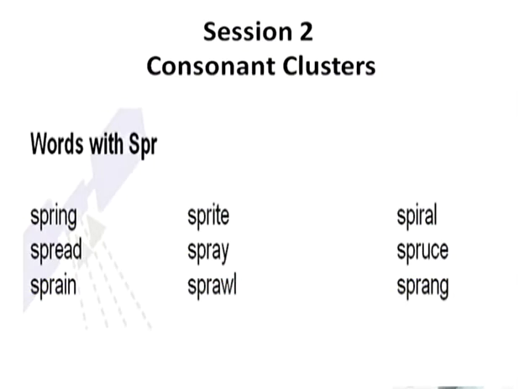We said the first cluster is spr, S-P-R, and not supr. So it was not suspring, it was spring. How do we correct it? All we do is get the person to say pr, and pr is a sound that we even have in our regional Hindi or Punjabi. So pr is easy to say.